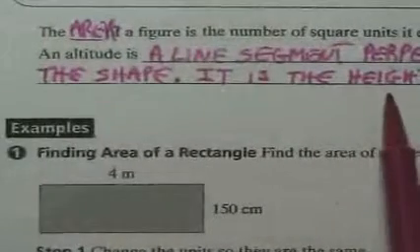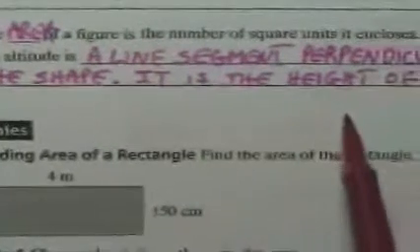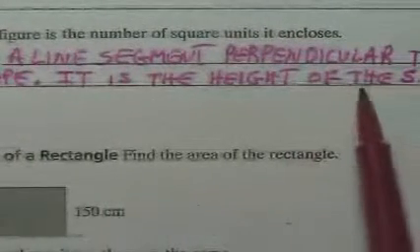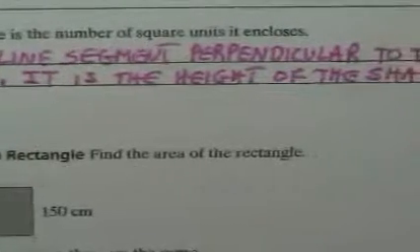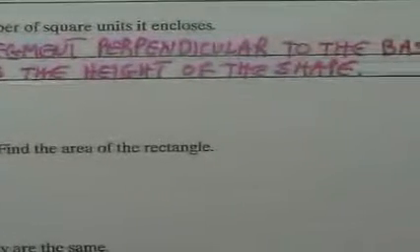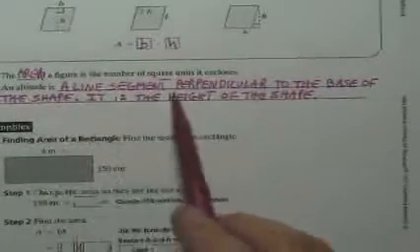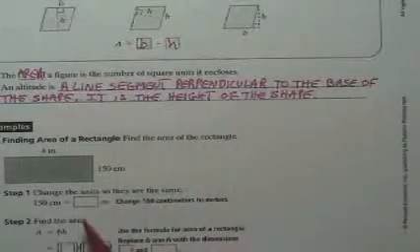It is the height of the shape. So an altitude is a line segment perpendicular to the base of the shape. It is the height of the shape.